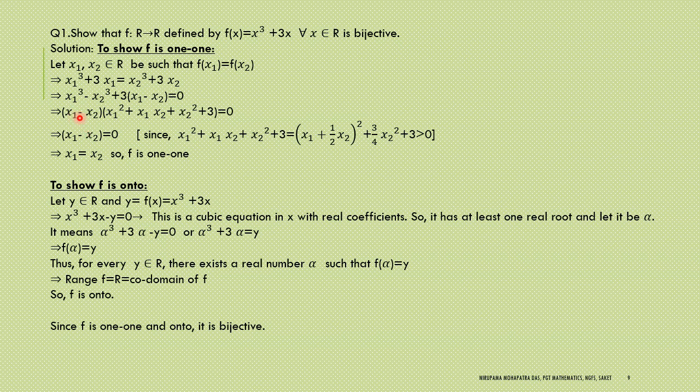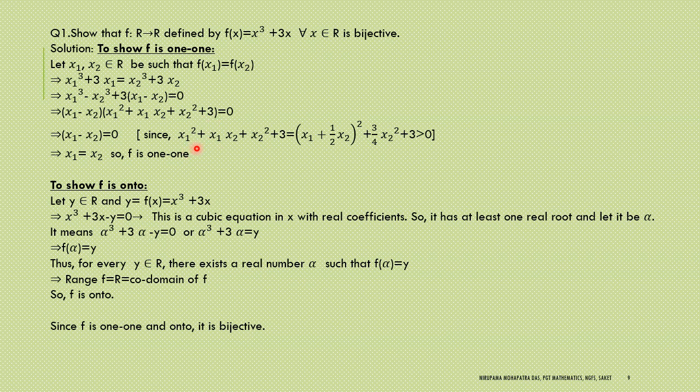So it means x1 minus x2 equal to 0, because the other factor cannot be 0. x1 square plus x1 x2 plus x2 square plus 3 cannot be 0. Rather, it will be greater than or equal to 3.